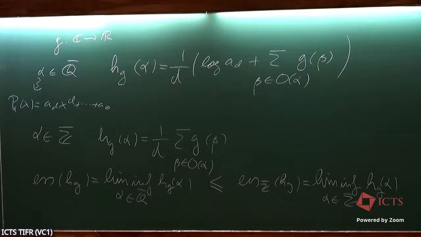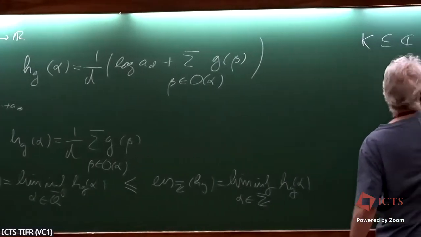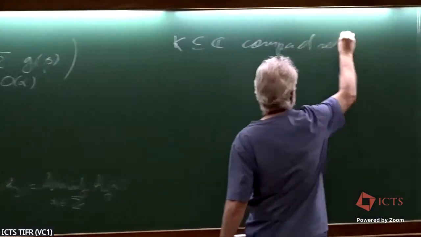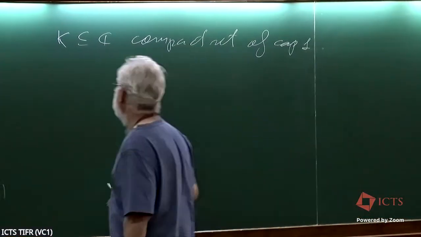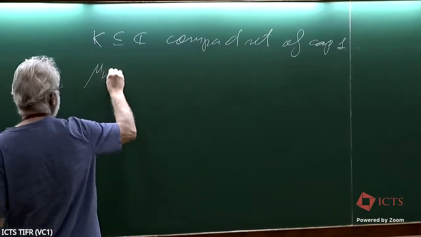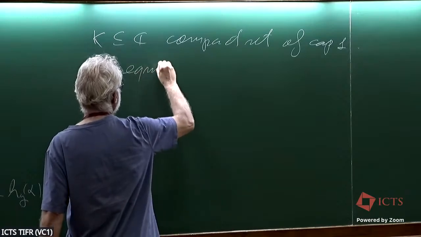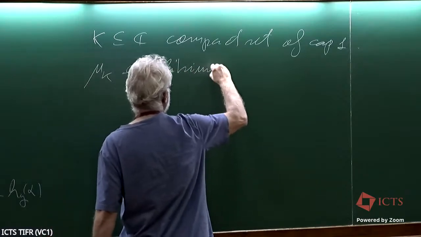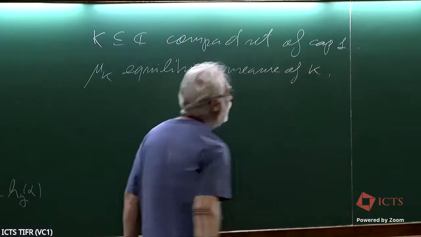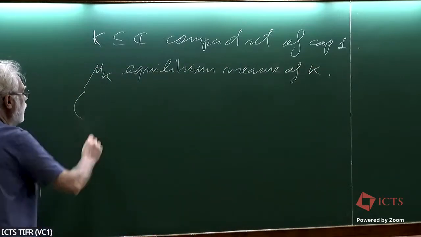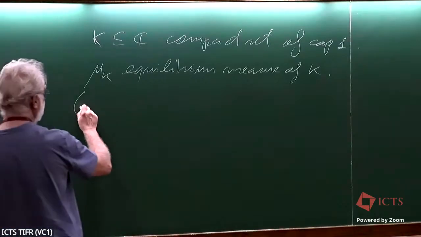So we have K inside C, a compact set of capacity 1. Then there is a unique measure, mu_K, which is called the equilibrium measure of K. For instance, the basic example of a set of capacity 1 will be the unit disk.